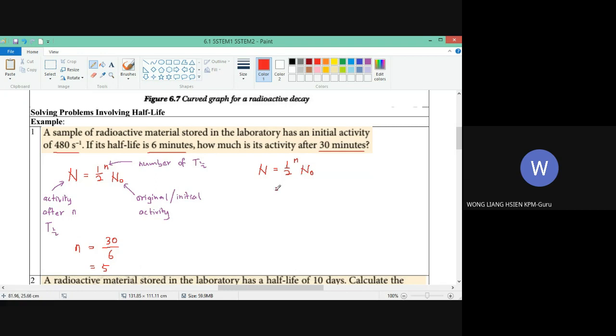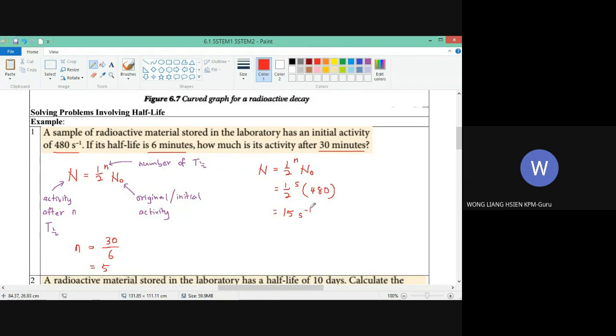So half power by 5 times 480. So you get 15, right? 15 per second.